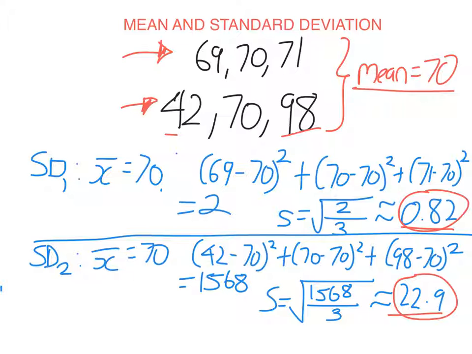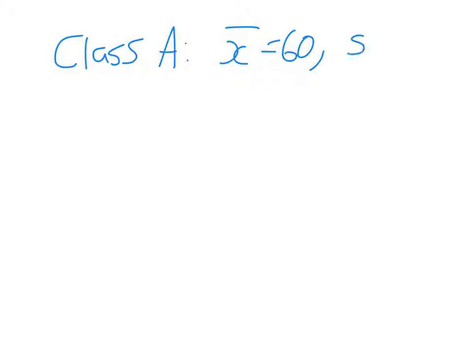So let's say I'm going to come up with an example now where I've already calculated that, and we'll go through what it means. Let's say we have another set of two classes. Class A took a test, their average for the test was 60 and the standard deviation was 2, so that's quite low.